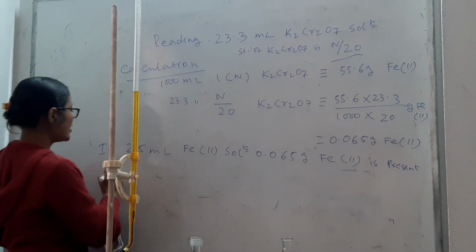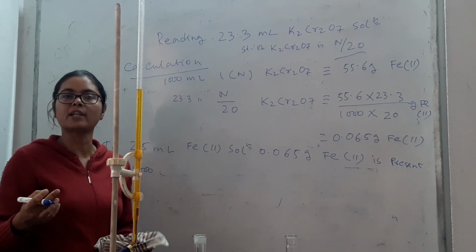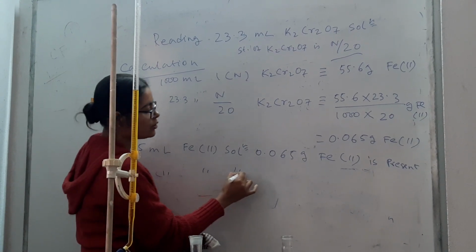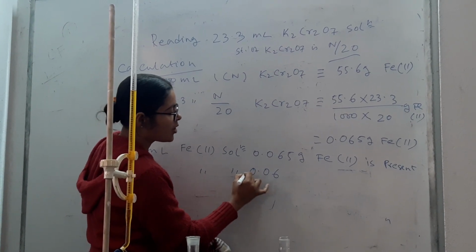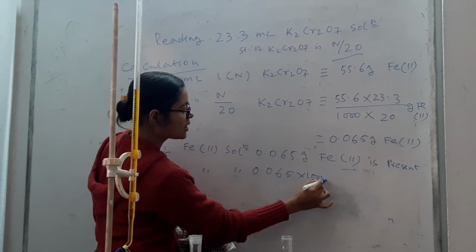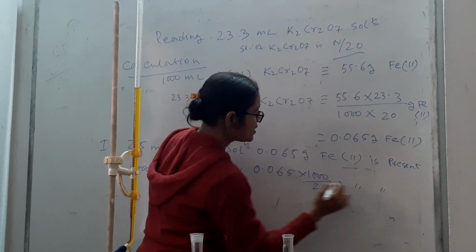Okay. So we are going to calculate for 1000 ml, that means 1 liter. So in 1000 ml iron 2 solution, how much iron is present? 0.065 into 1000 divided by 25 gram of iron 2 plus is present.